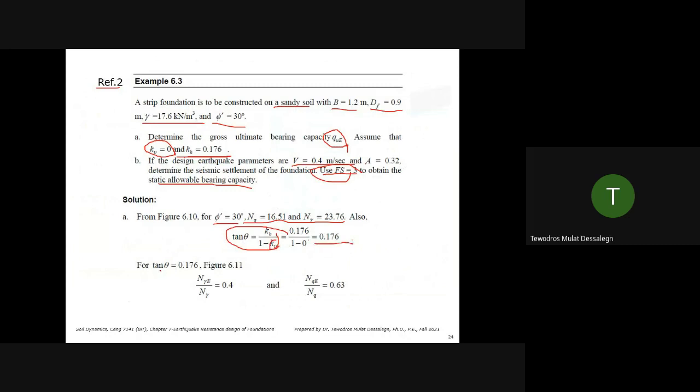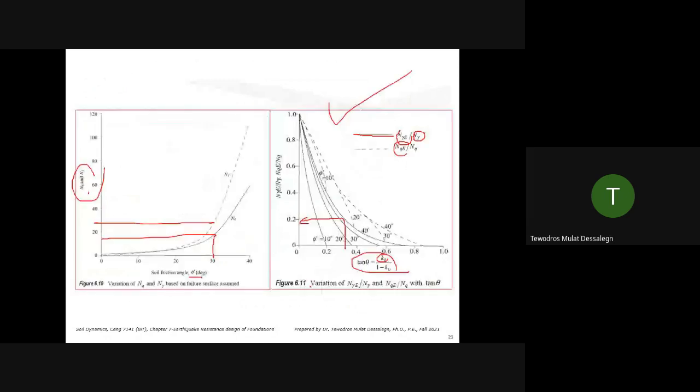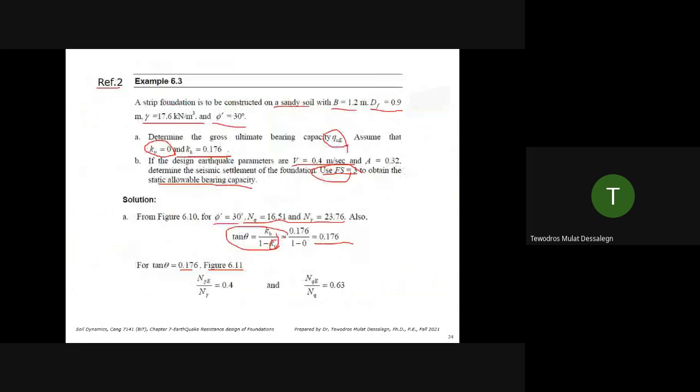For tan theta equals 0.176, figure 6.11, that's the seismic bearing capacity factors. This one is with respect to this parameter. Depending on where you are, you can find the ratio of the seismic bearing capacity factors by the static capacity factors. N gamma E by N gamma 0.4, NQE by NQ 0.63. So since you have N gamma and NQ, you can find really the seismic bearing capacities.